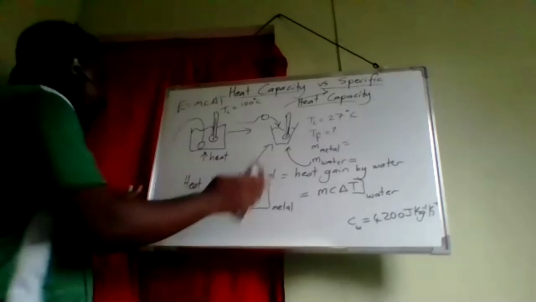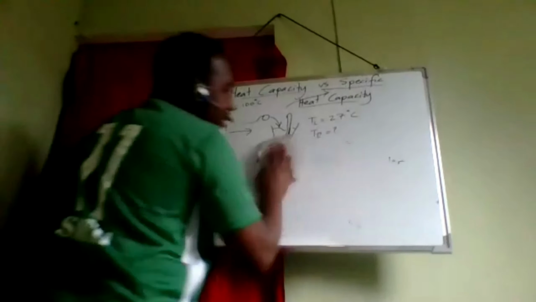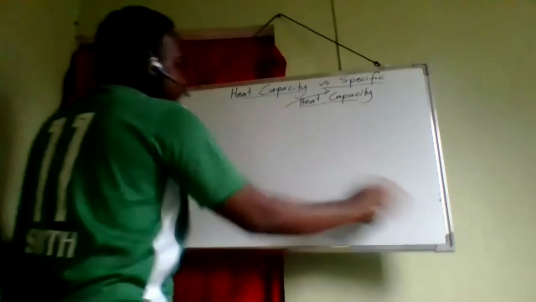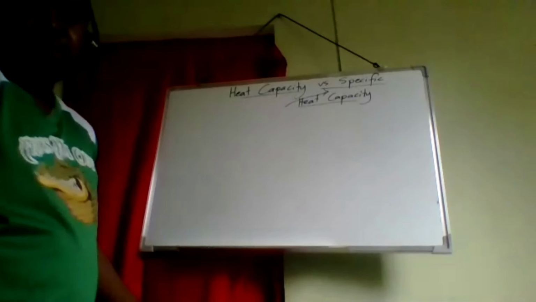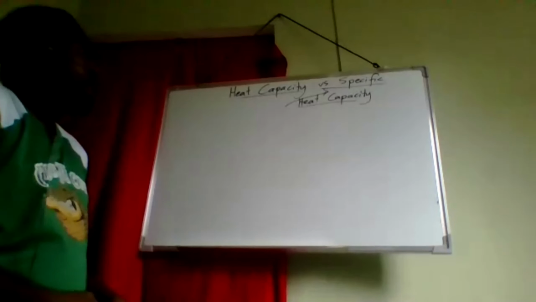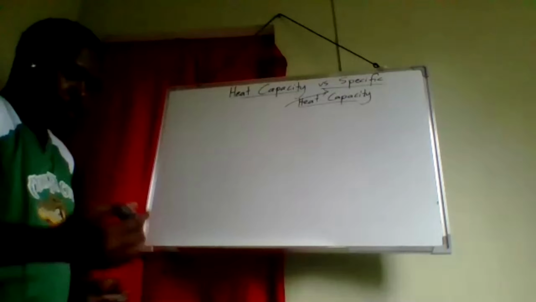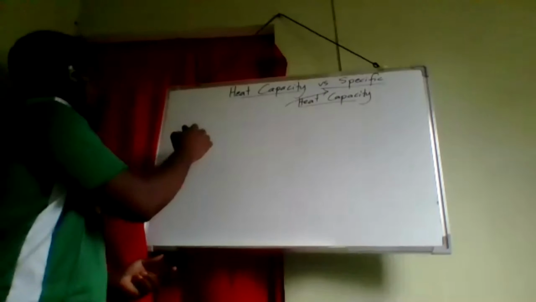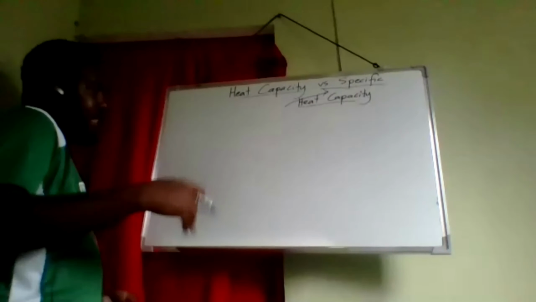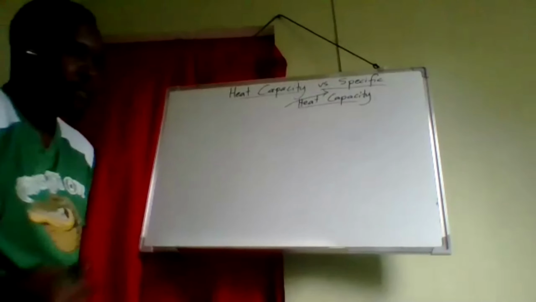Now, in some cases, CXC will probably use the case of, instead of heating with a Bunsen burner, you heat it with a heater. If you use a heater, then the only thing that changes is the heat that is lost by the metal.